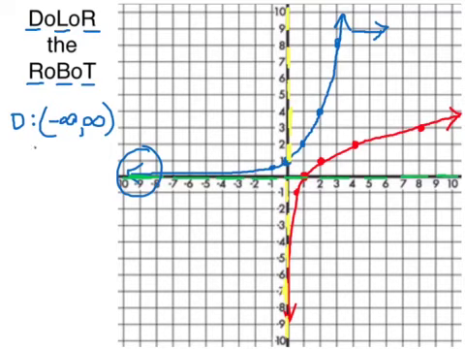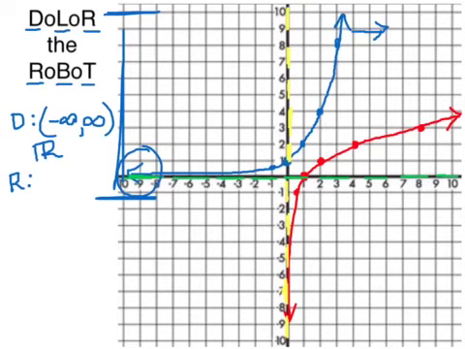Then, if they ask for it as a set of x's, left to right, you would say x can be any real number. Then, the range. The range is bottom to top, so we look at the bottom of our graph and the top of our graph and say, what's our range here?